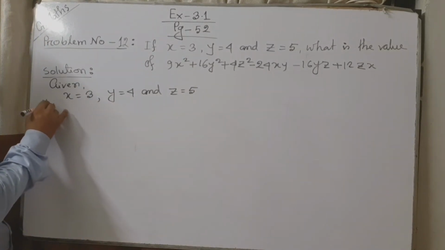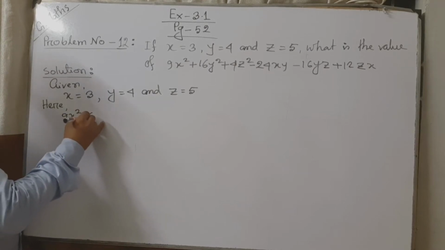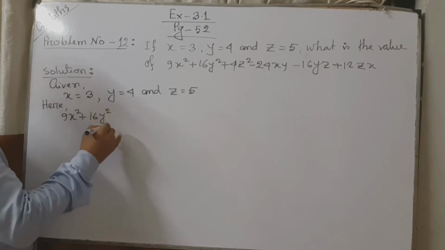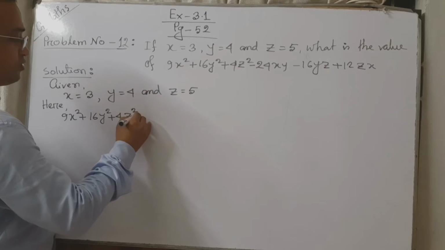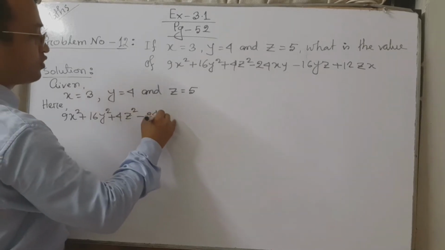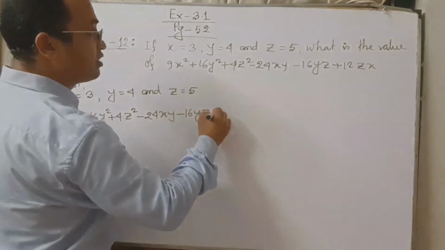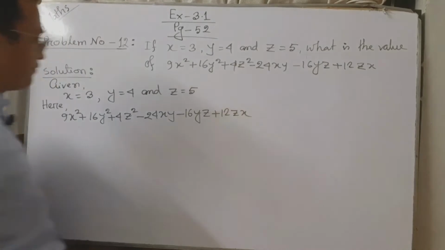Here, 9x square plus 16y square plus 4z square minus 24xy minus 16yz plus 12zx.